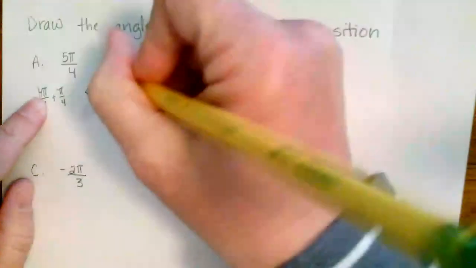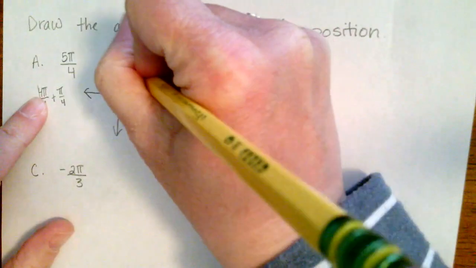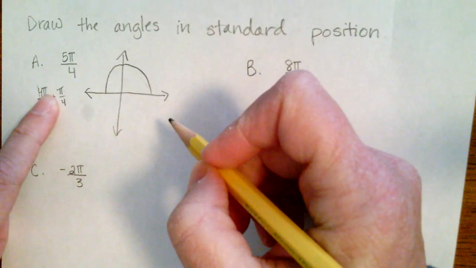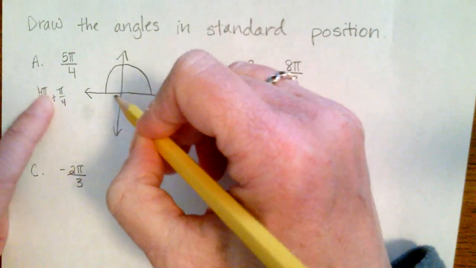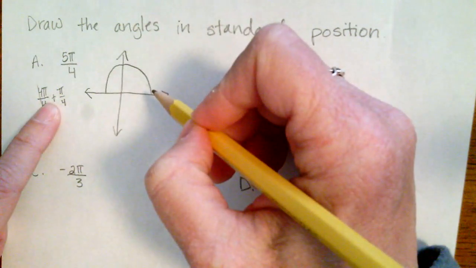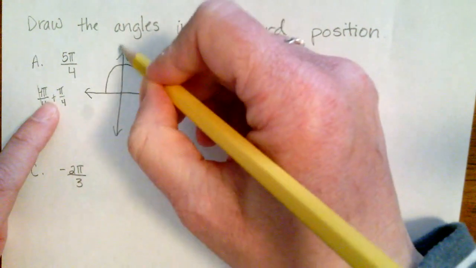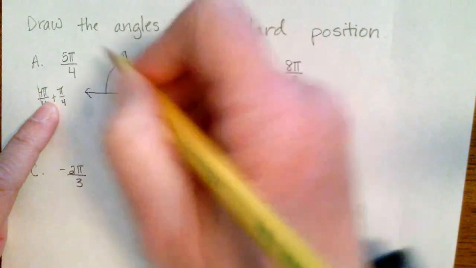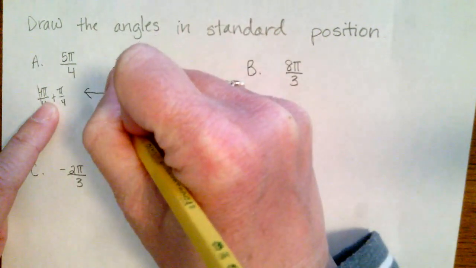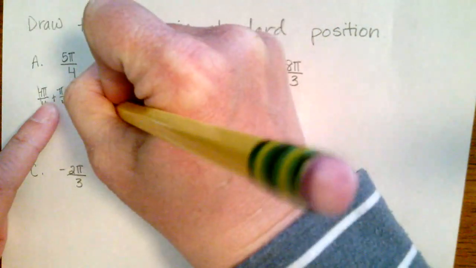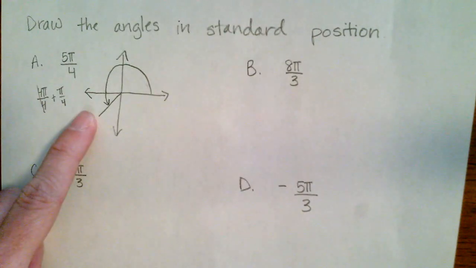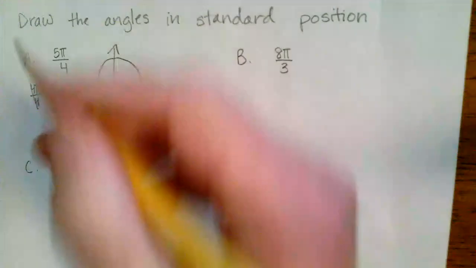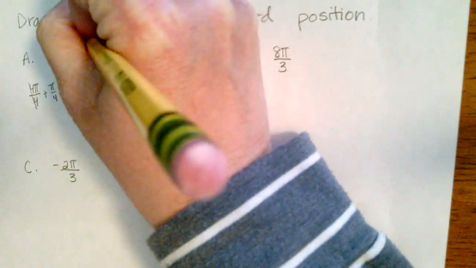So I am going to go pi units, and then I need to go another pi over 4 radians. I know that's about a quarter of the way. So this would be 5 pi over 4. It falls in quadrant 3.